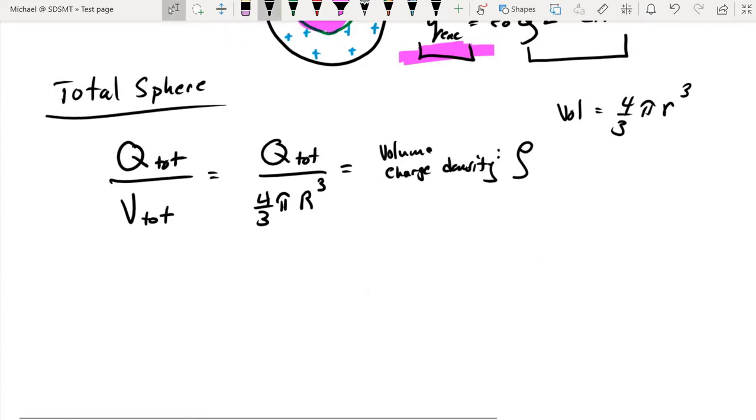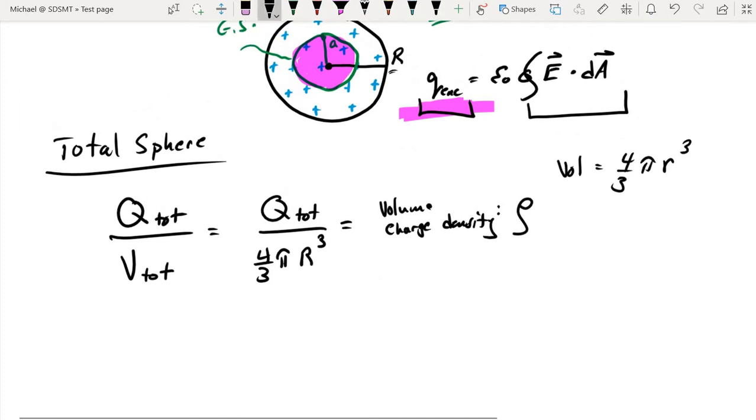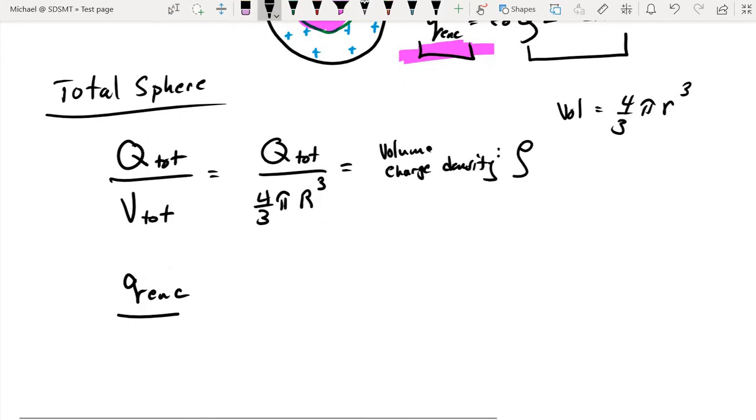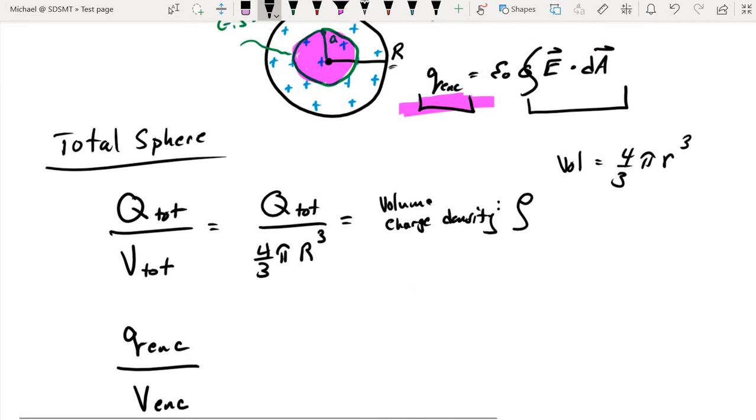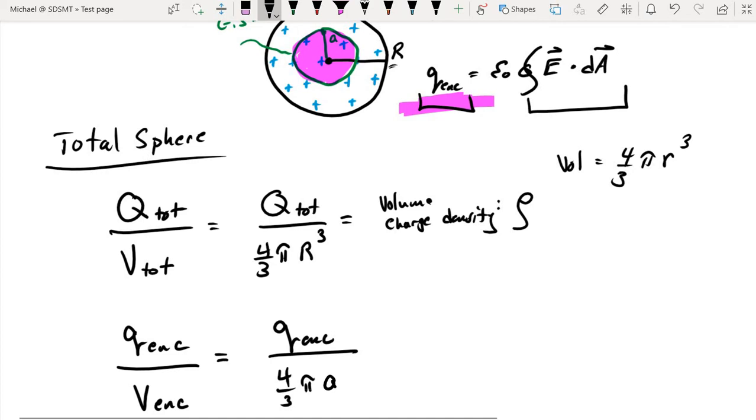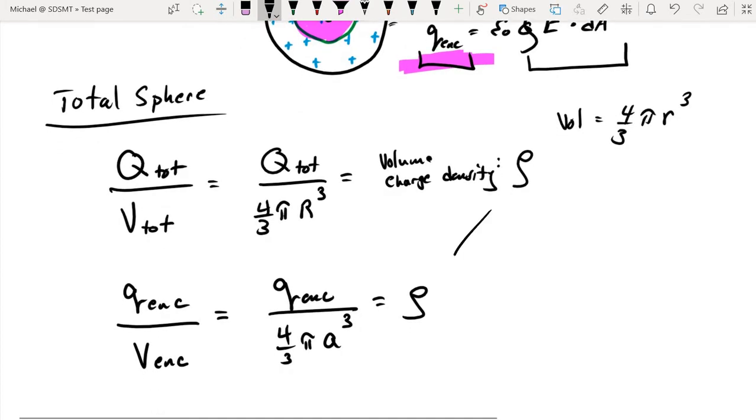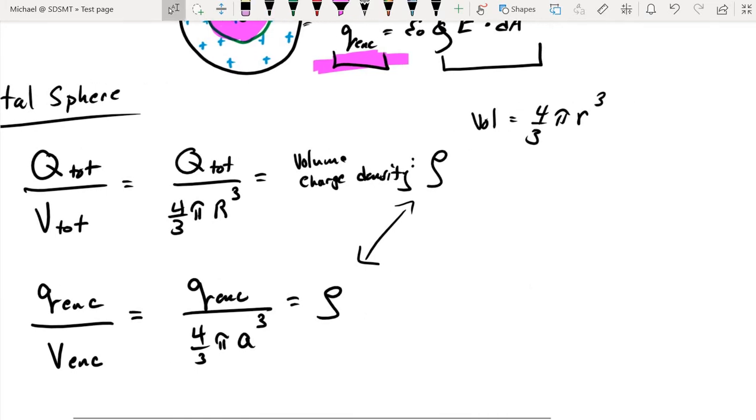And that means that if we look at just the enclosed portion of charge and compare that to the volume that we are enclosing, so this is the highlighted section at radius A, that enclosed charge compared to the enclosed volume at radius A has to equal the same charge density.